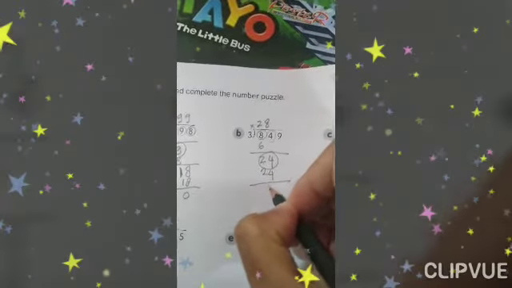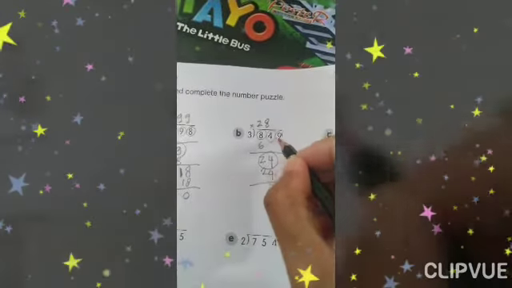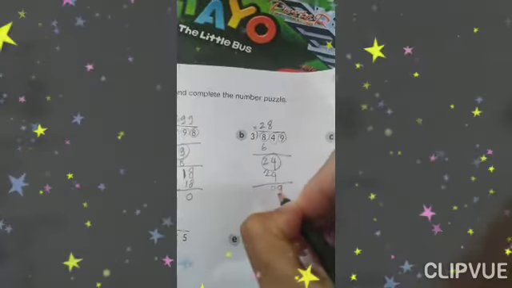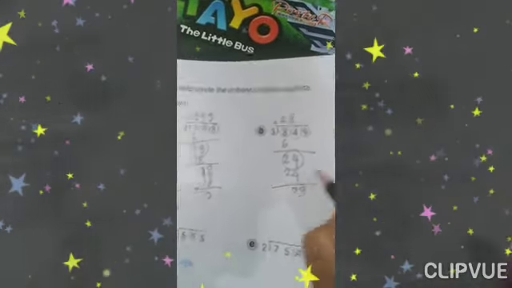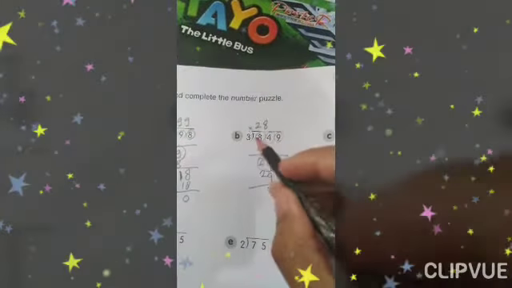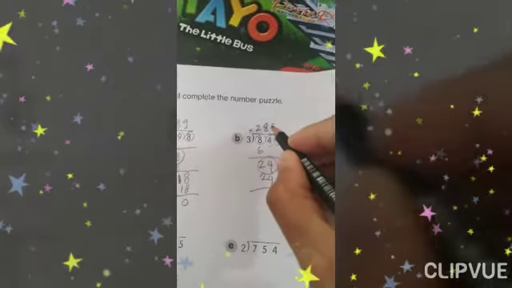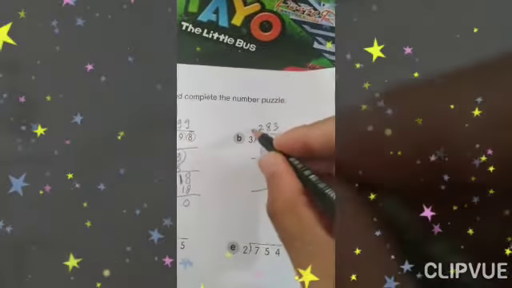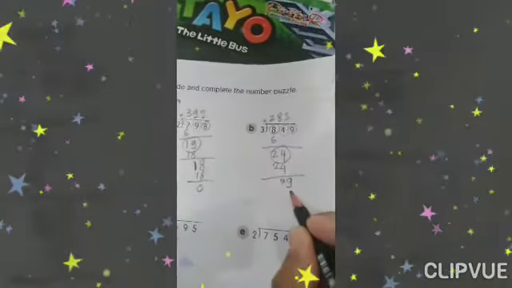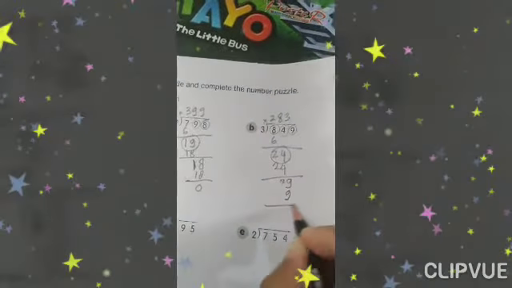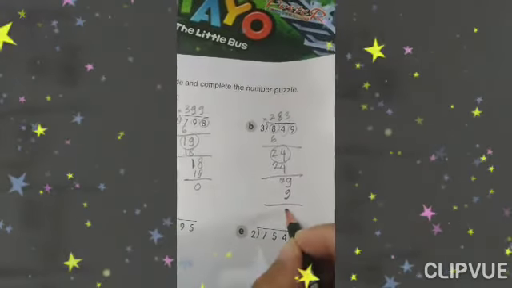So you get 0 here. And then you can put 9 here. 9 divide 3 equals 3. We check together. 3 times 3 equals 9. 9 minus 9, 0.